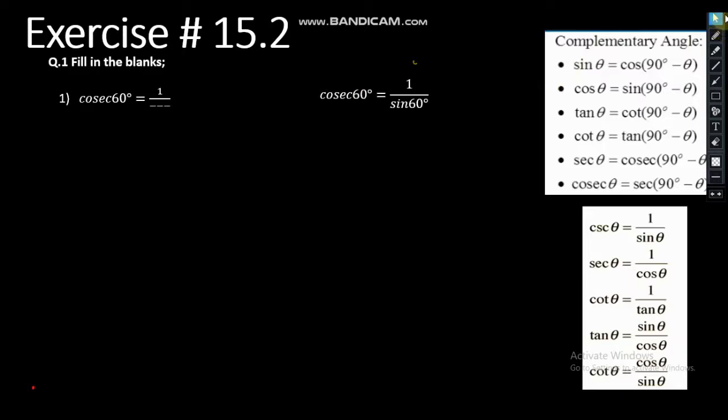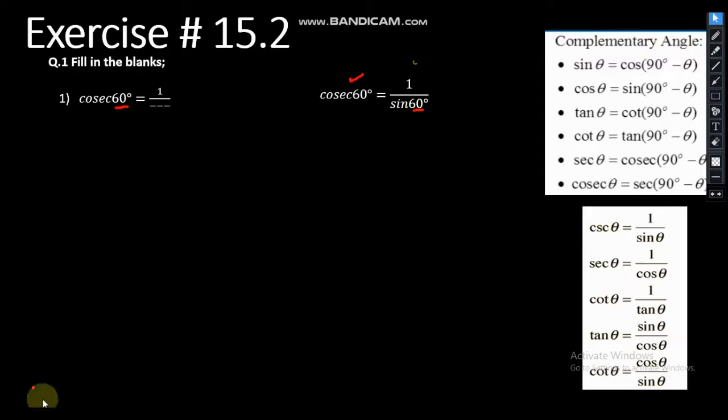Now this is the question and this is the answer. Cosec theta here is equal to 1 divided by sine theta. Now theta means 60 degree. So this is the answer.